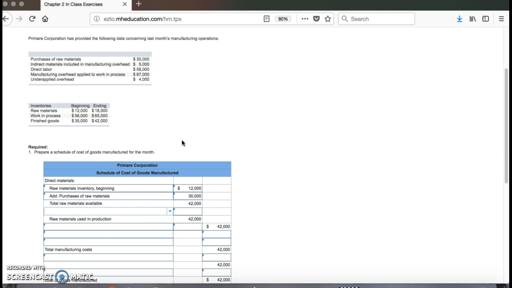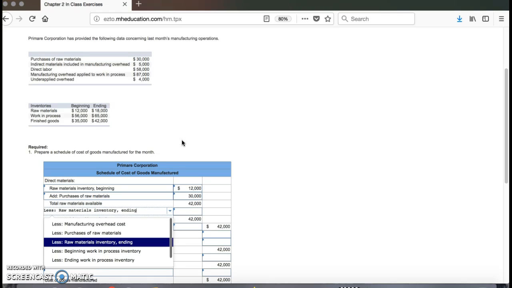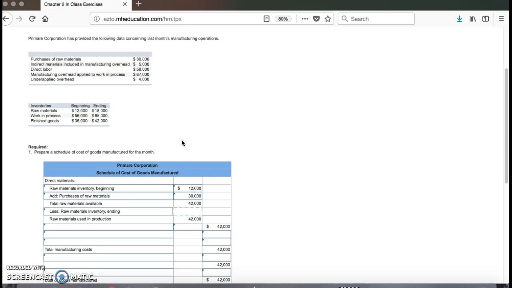So now we have total raw materials available for sale is 42,000. So what are we going to have to subtract? We're going to subtract out our ending inventory balance, which is given, 18,000. So it's right here, raw materials ending inventory. And so now we're going to have the raw materials used in production.